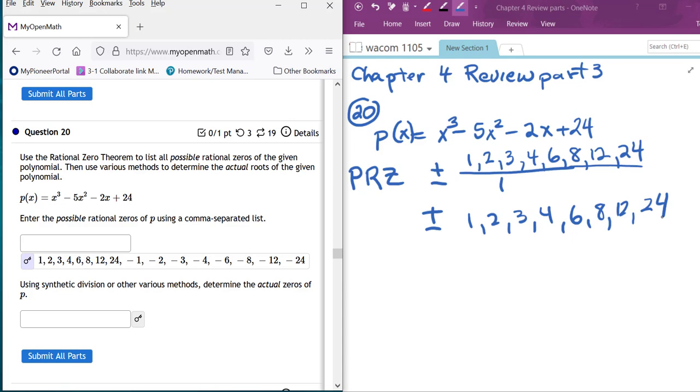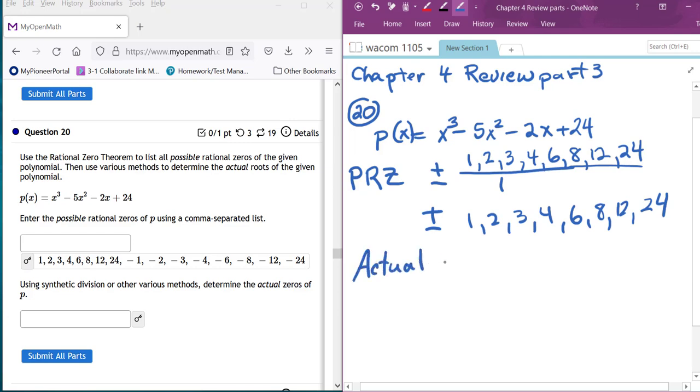And then they said use synthetic division or other various methods to determine the actual roots. Mrs. H is going to look at a graphing calculator. Roots and zeros are the same thing.